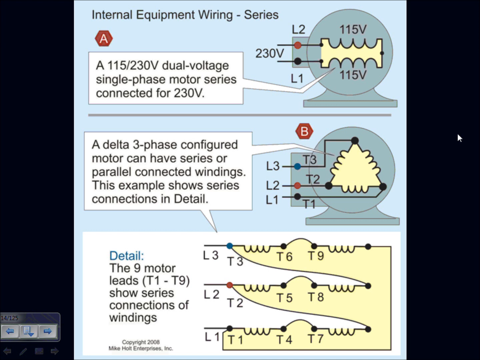Here's a 120 and here's a 120, right? If you attach these 2 coils in series like this, you've got your 240 and you run the motor at 240. If you parallel them, you will run them at 120. That's a major application for motors, transformers, and generators. So what's the advantage? A series circuit will give you a higher voltage when you series coils.